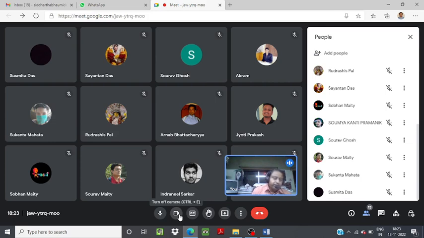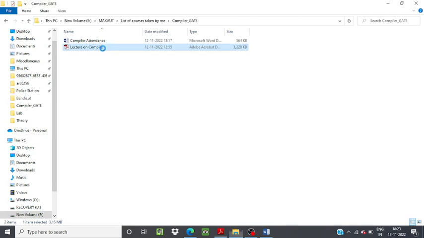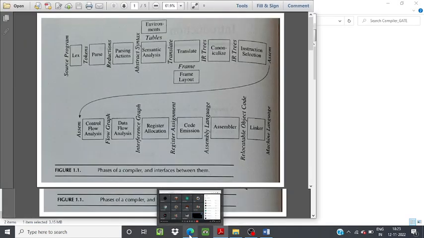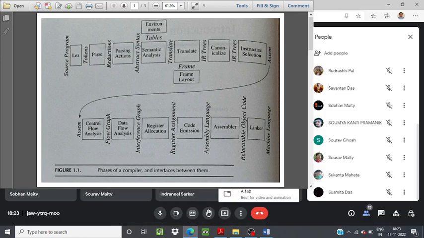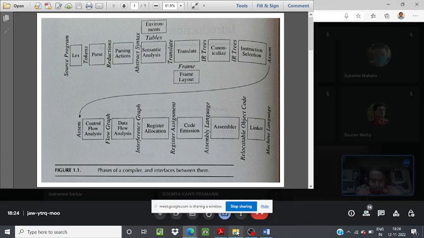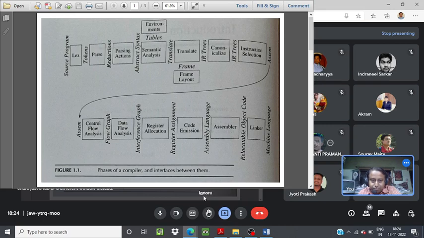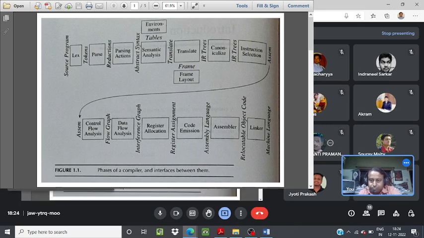Let me show a presentation about the various phases of the compiler and how it interfaces with them.